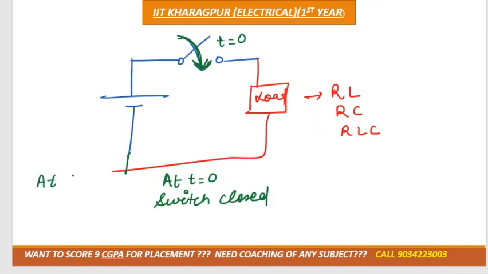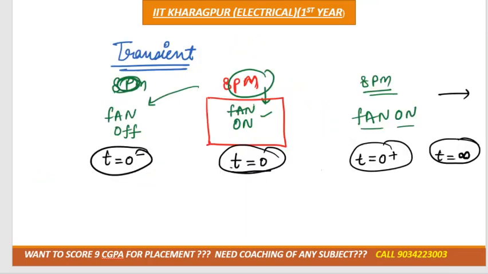That means at t equal to 0 minus, switch was opened or closed? Was opened. As you can see, at t equal to 0 minus and t equal to 0, the things will always change.